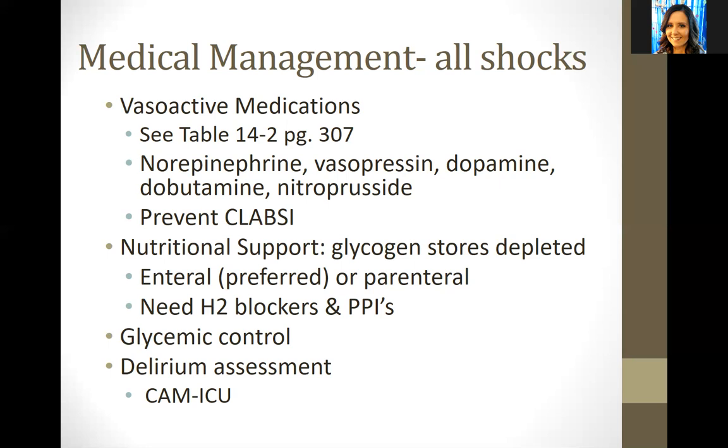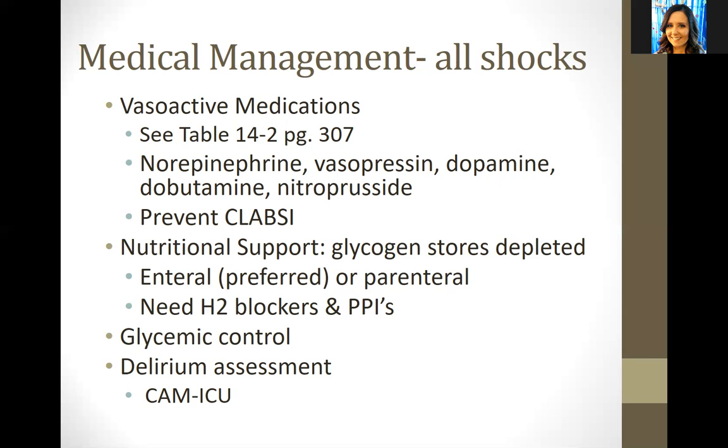Also, for all the shocks, we need to do nutritional support, because remember, their caloric needs are very high. They may require up to 3,000 calories per day. Normally we require 1,500 to 2,000 calories a day, but they may require 3,000, almost double.